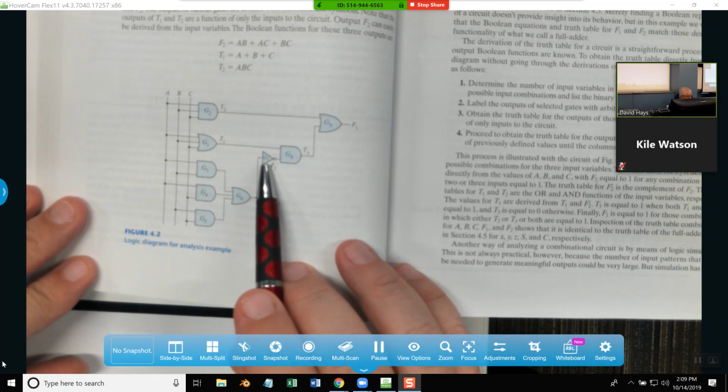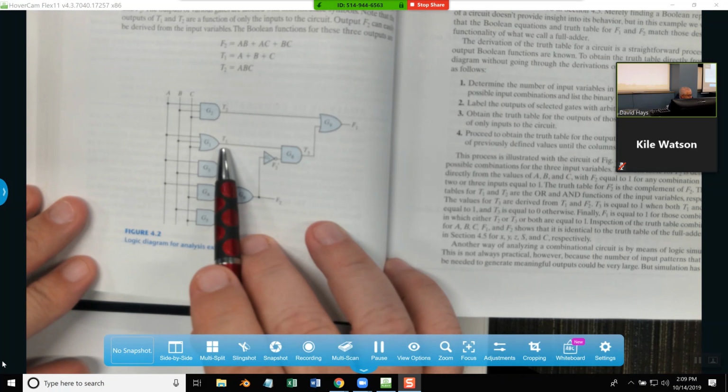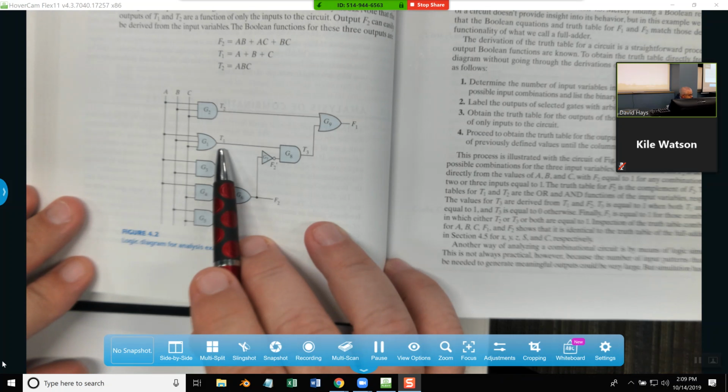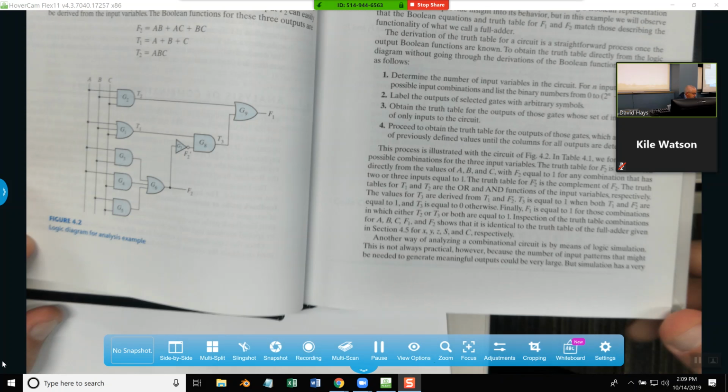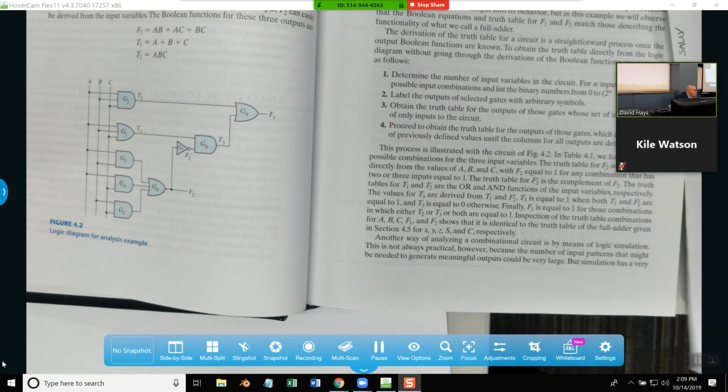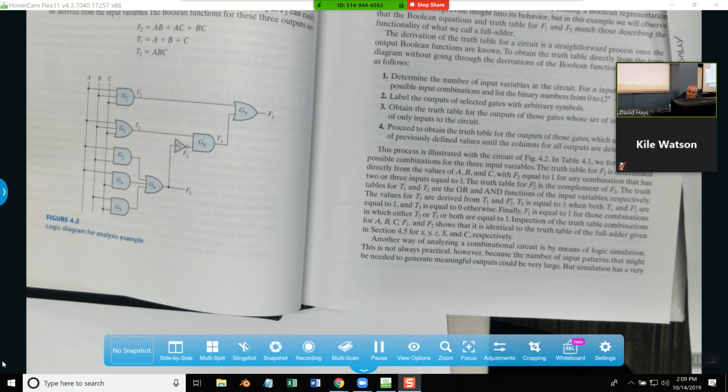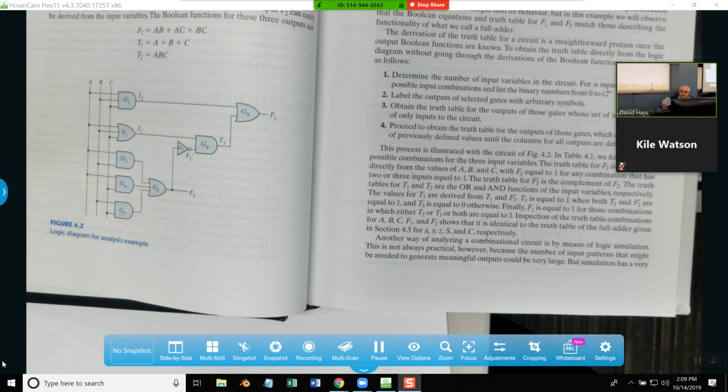Clear some of this junk off. Okay, so we got F1 is equal to T3 plus T2, I say using a series of substitutions.